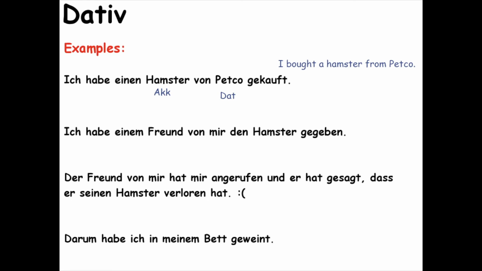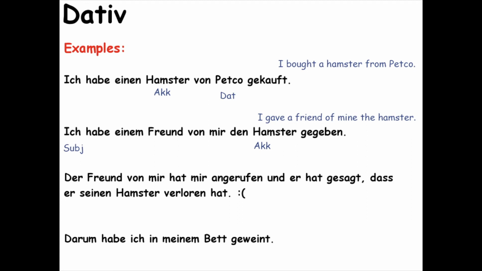Next sentence. Ich habe einem Freund von mir den Hamster gegeben. So, I gave a friend of mine the hamster. Ich habe gegeben, I on the subject, I gave what? Answering the accusative question, the hamster. Okay, so we know the hamster is in the accusative case. And then we are going to ask ourselves, to or for whom? When we answer that question, we'll find what's in the dative case.